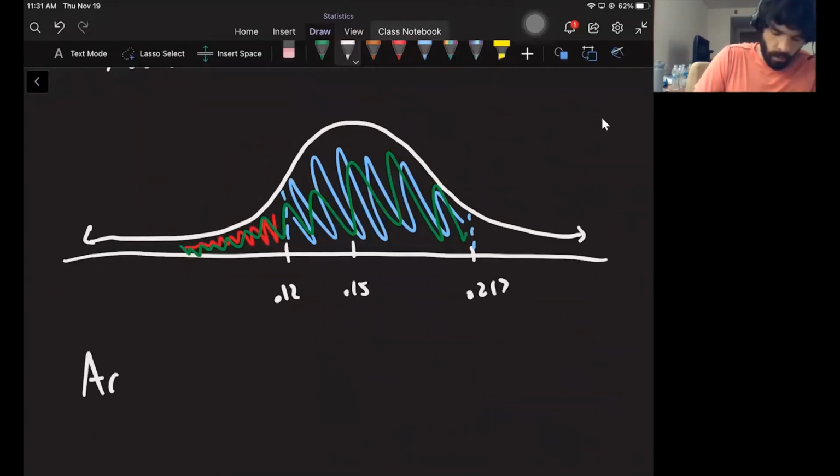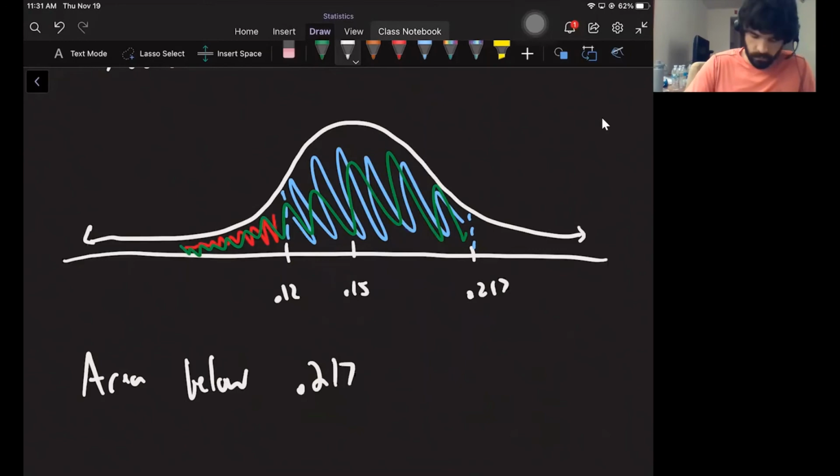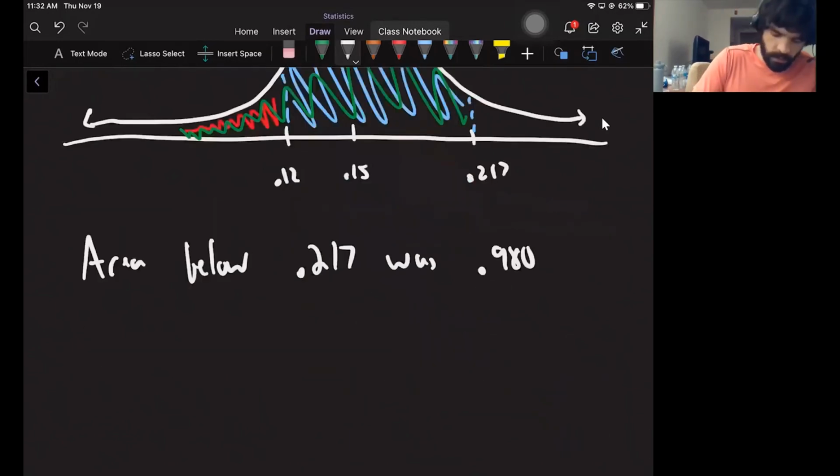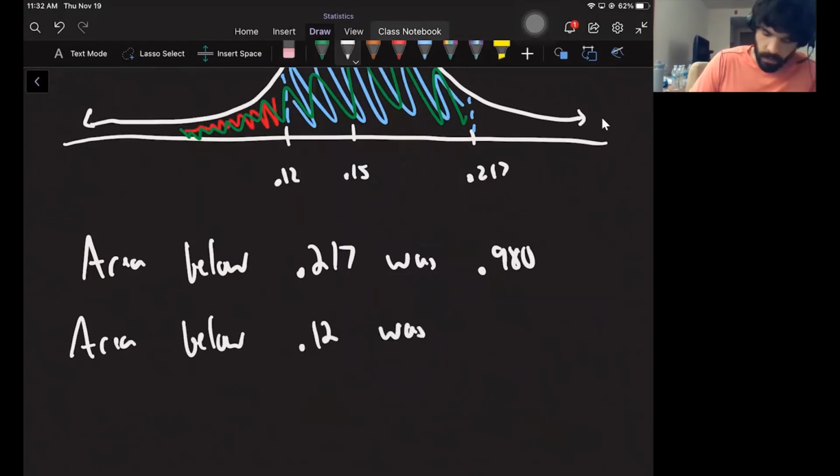So this green area was 0.980, if you remember from earlier. The red area was 0.1788.